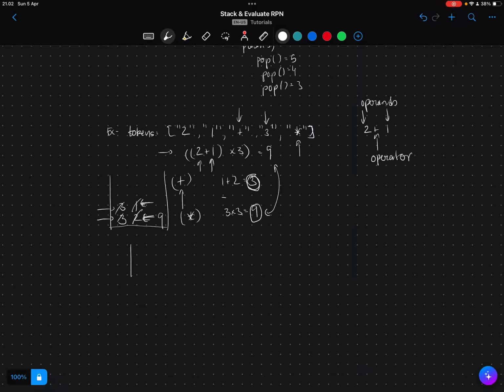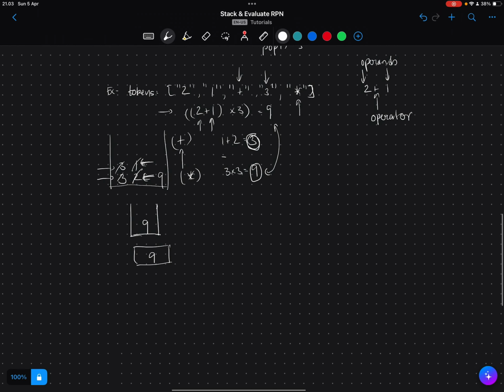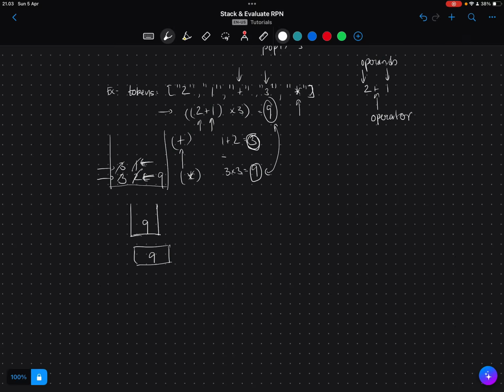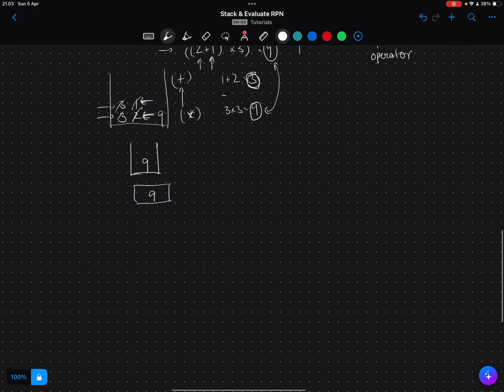We store this 9 back into the stack, and now the stack would just have a 9. Array-wise, it would look like just 9. Initially it was 1, 2, then the 3, then everything, but at the end our stack has just the evaluated expression, and that's the idea.